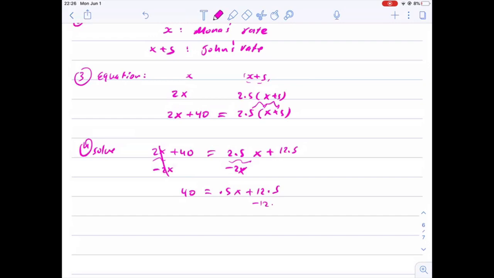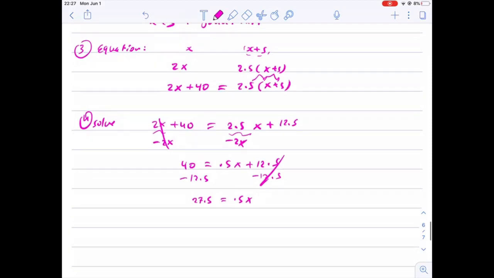And then we subtract 12.5 from both sides. We get 27.5 equals 0.5x, and then we divide by the coefficient of x. We get 27.5 over 0.5, and that gives 275 over 5. This is equal to 55.